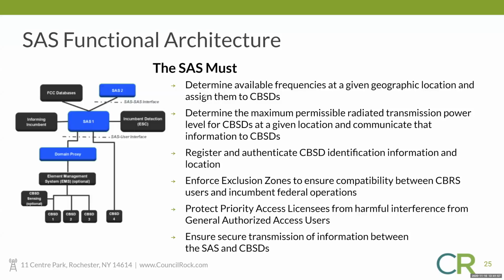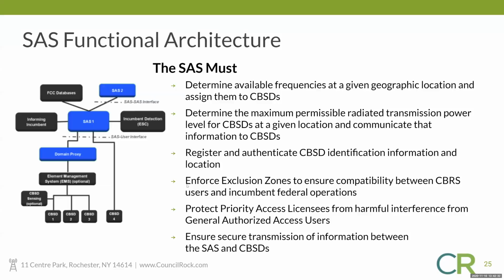It determines the available frequencies in a given geographic location and assigns them to the CBSDs that want to operate there. It also calculates the maximum permissible radiated transmission power for those CBSDs at the given location and sends that information to the CBSD. It registers and authenticates the CBSD and provides the information on the location to the SAS.